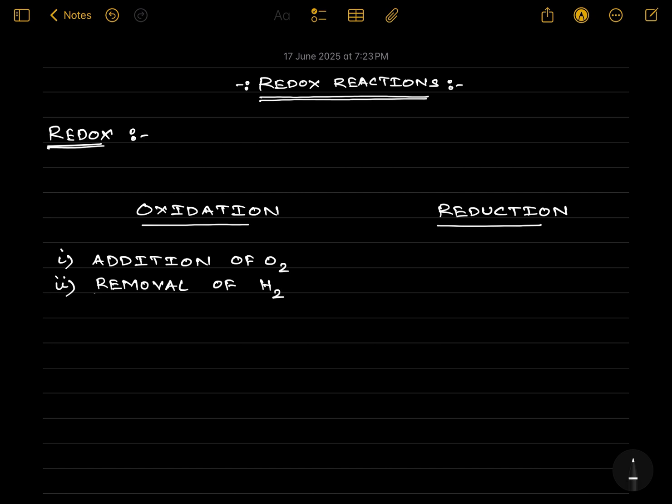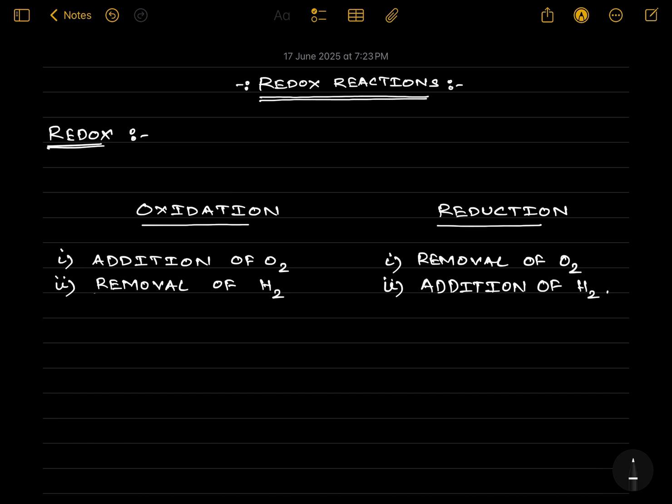And obviously, pretty basic, what do you mean by reduction? It's the exact opposite of it. Reduction is nothing but removal of oxygen and addition of hydrogen.